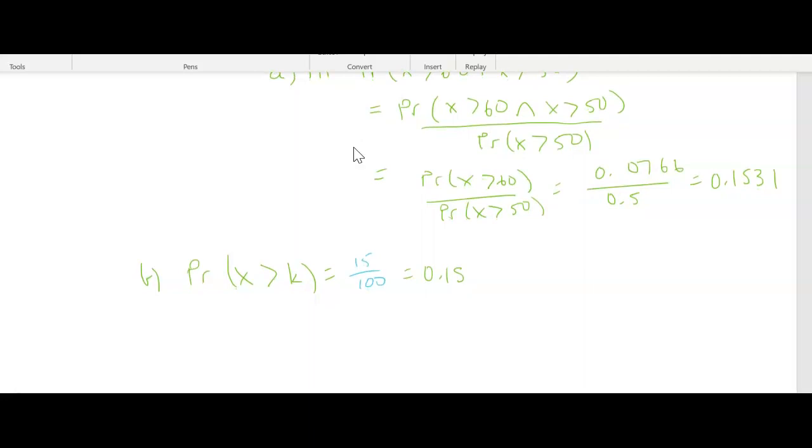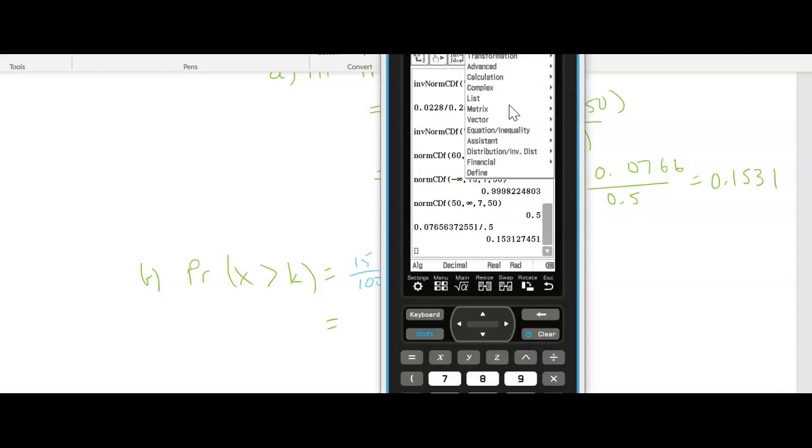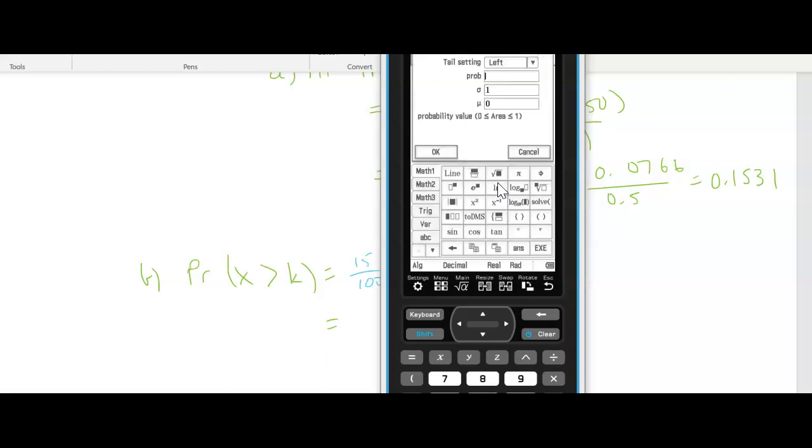All right, so on the calculator again, this time it's inverse. So if you're finding not the probability, but the value, what are we doing? Continuous, no, inverse, inverse normal. All right, so this time we want the right tail. Probability is 0.15.